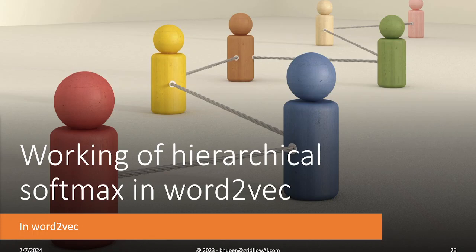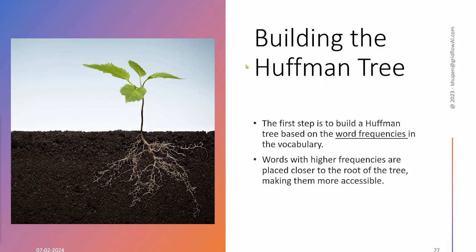So how does this Huffman tree, or hierarchical softmax, actually work in Word2Vec training? First, we need to build the Huffman tree. That means the Word2Vec algorithm will build the Huffman tree as the first step.